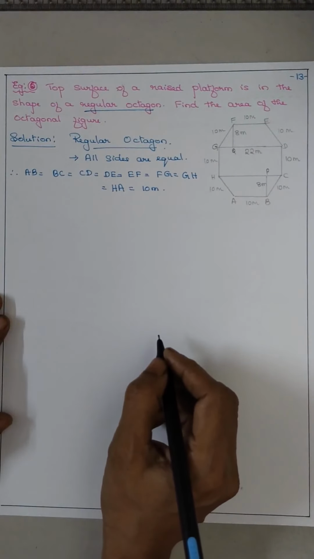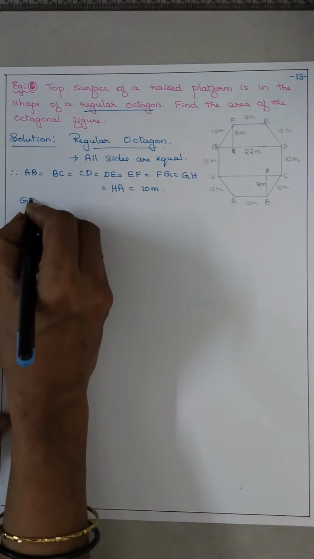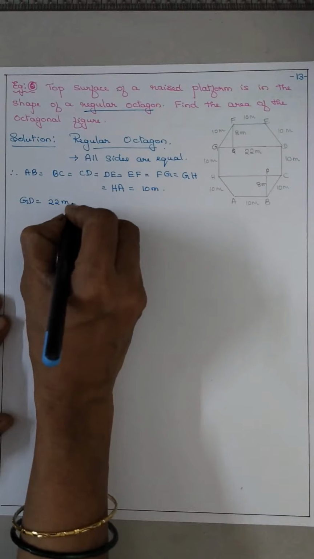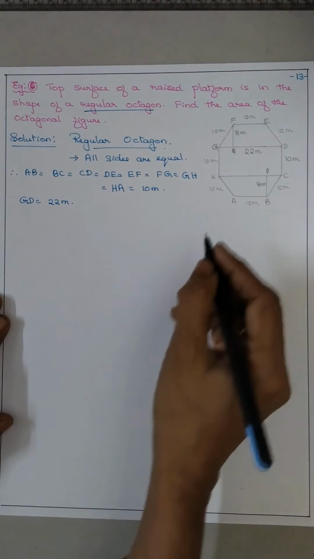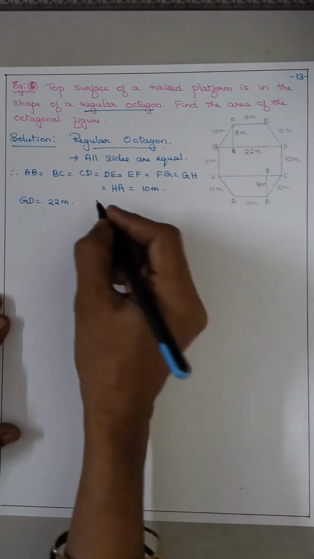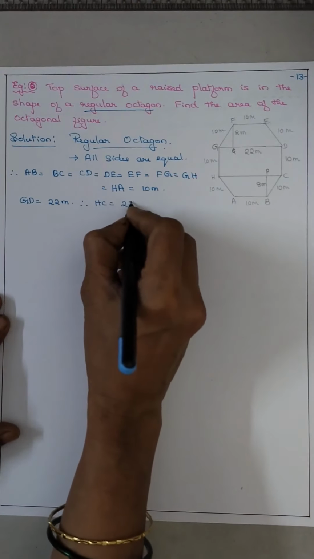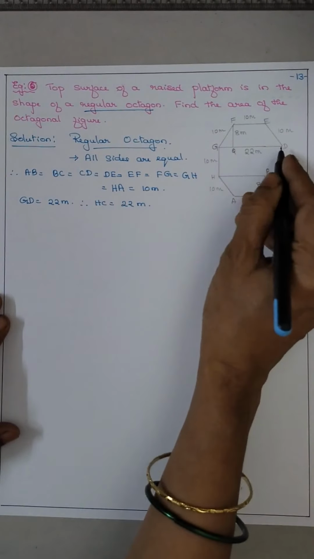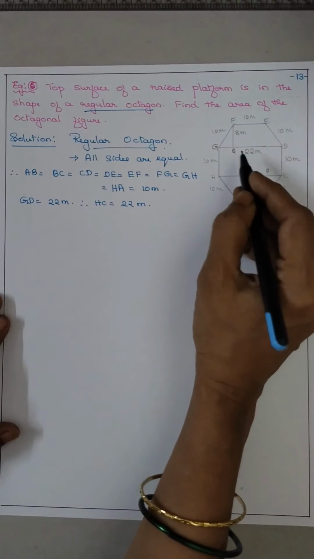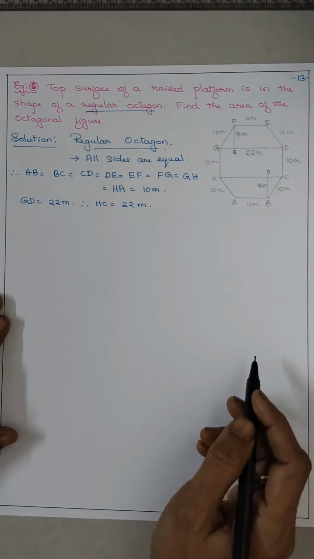Now in the figure, GD is given as 22 meter. GD is 22 meter, therefore HC is also 22 meter. Why? Opposite sides. This forms a rectangle. So opposite sides of the rectangle are equal.